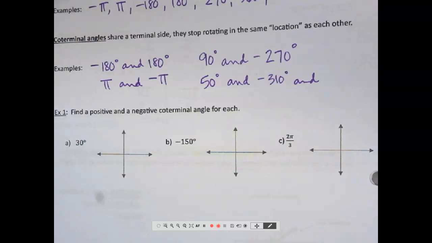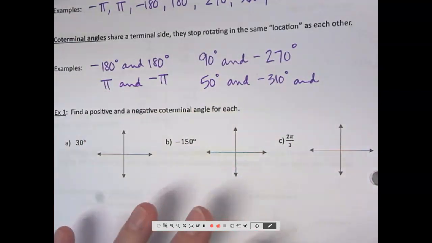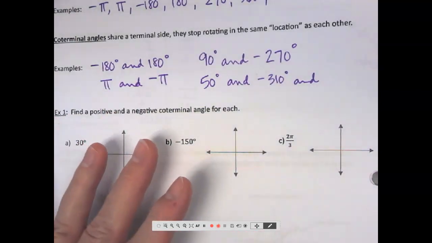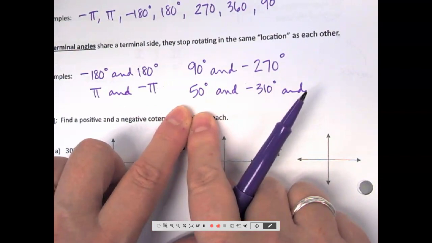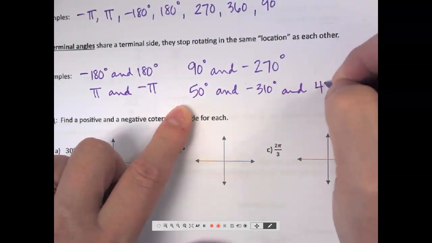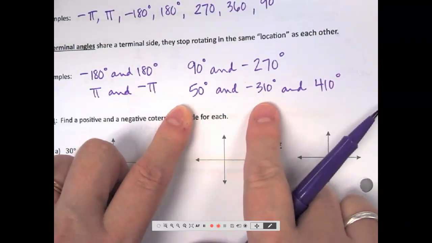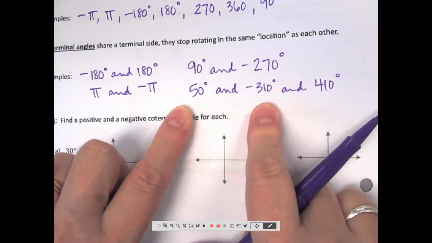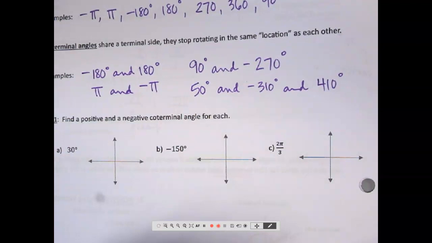So if I want to stop at the same location, all I need to do is add another rotation, and then I'm right back where I started. So I need to add 360. So if I add 360 to 50, that gives me the 410. If I subtract 360, that gets me the negative 310. So you're really just adding a rotation in either direction, which means add 360 or subtract 360.